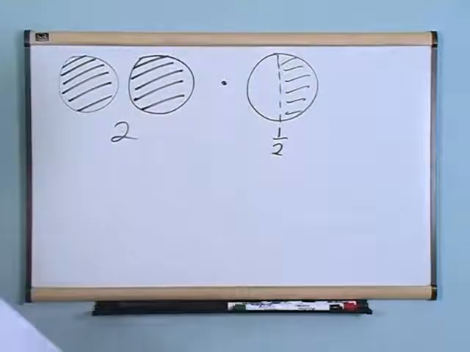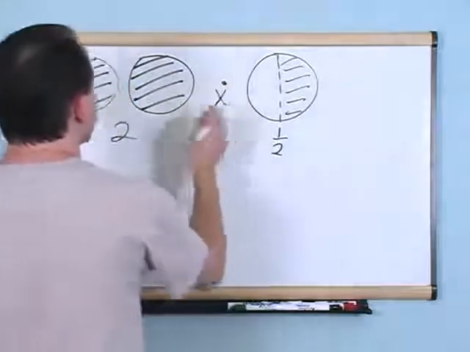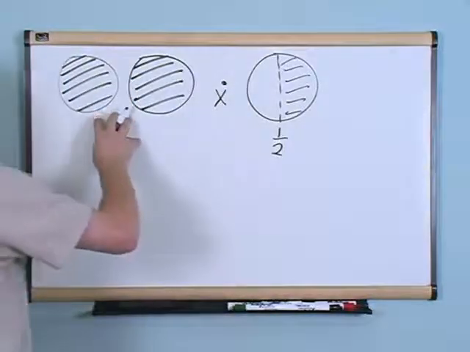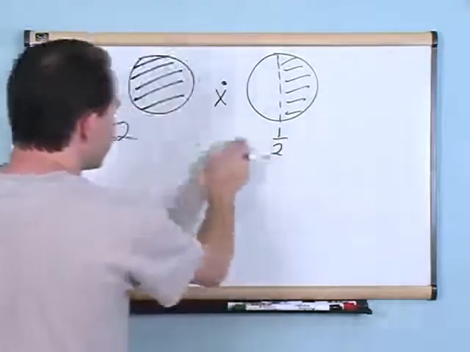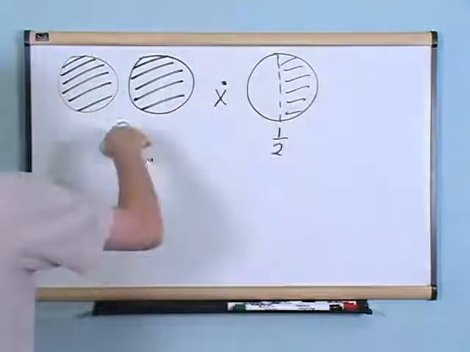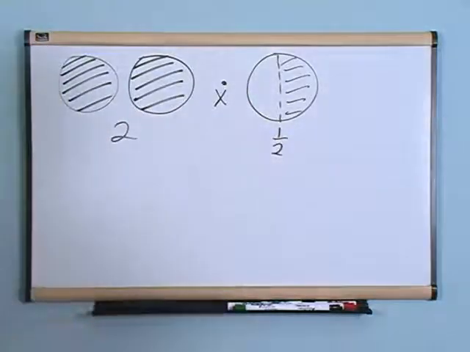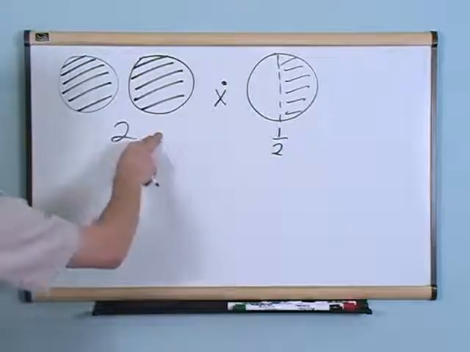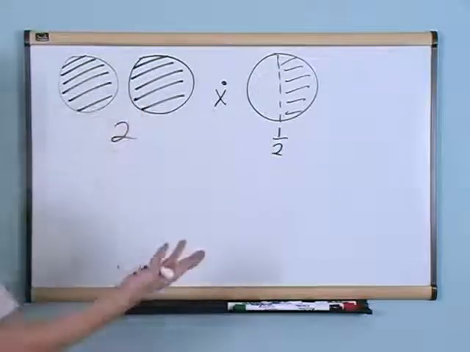Now, using the big rules of fractions and what it really means, what are we trying to do here? We have 2 pies to begin with, and when I multiply, all I want is half the amount I started with. Well, if I have 2 pies to begin with, half of these 2 pies is just going to be 1 pie.